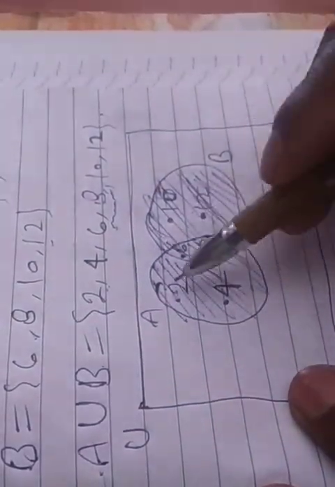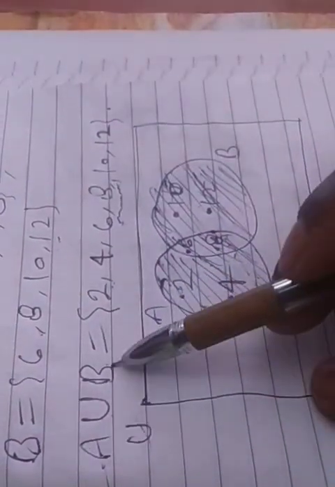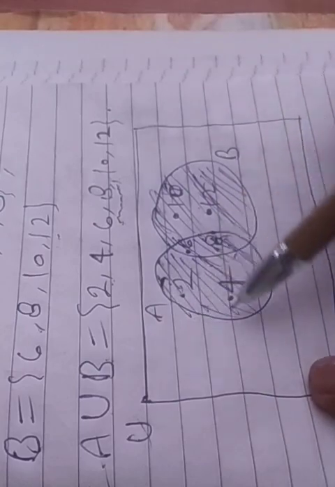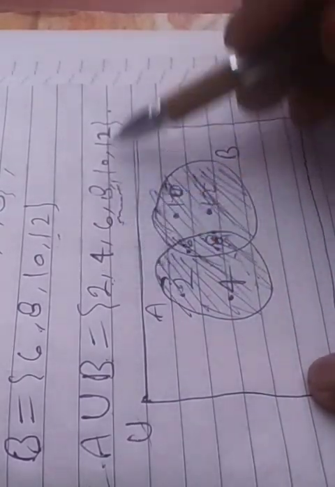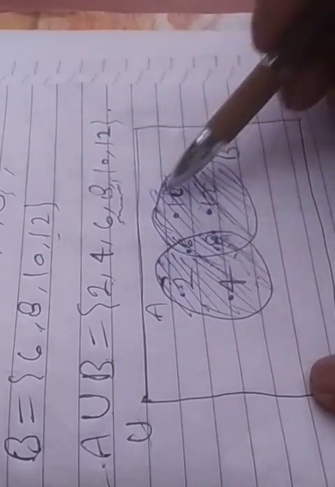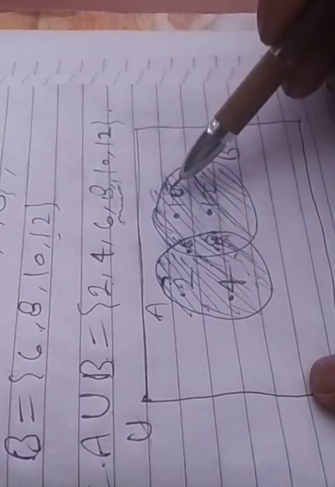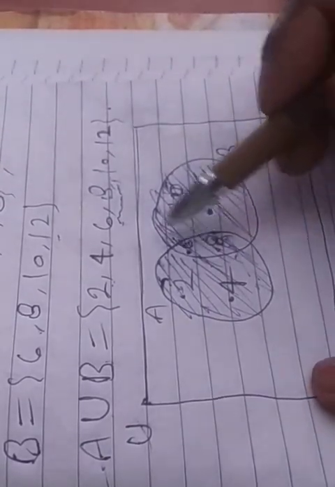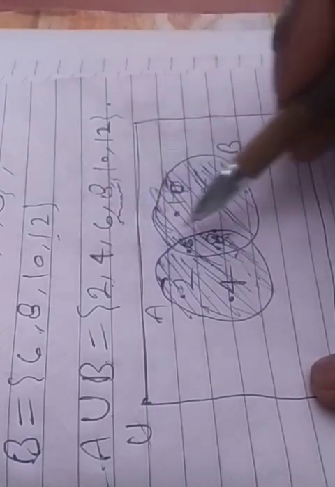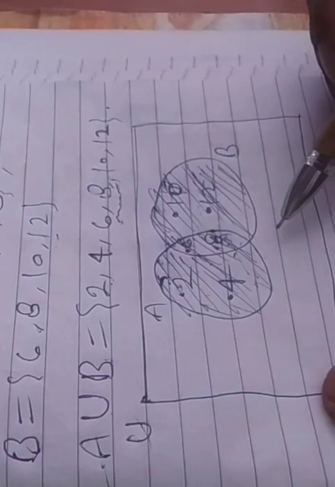Therefore the shaded region will show A union B, because all the elements 2, 4, 6, 8, 10, 12 are lying in this shaded region. And we also see that 6 and 8 are two elements which are common in both the sets.